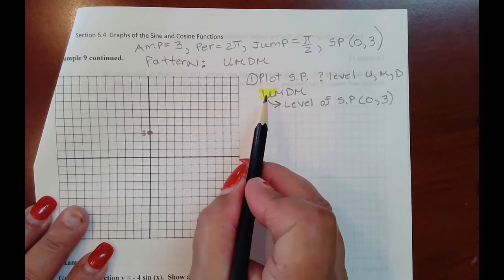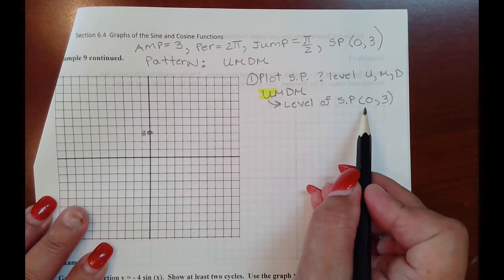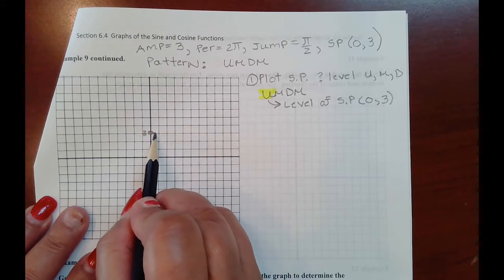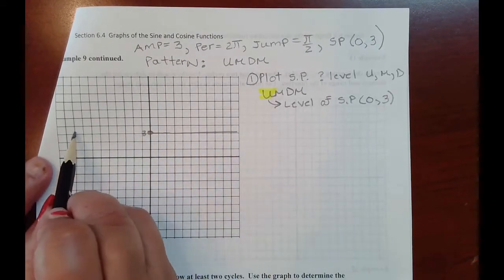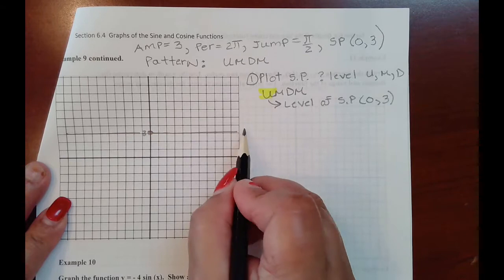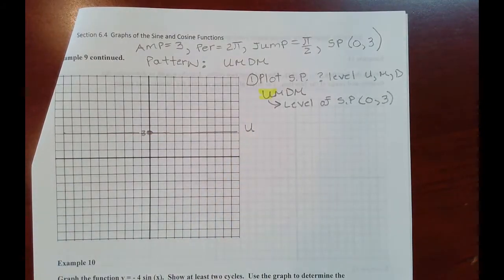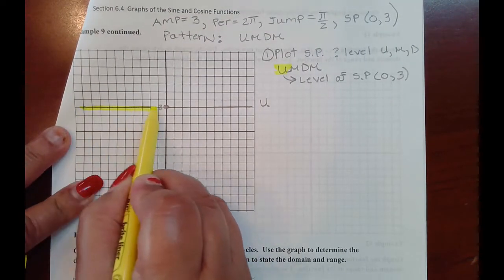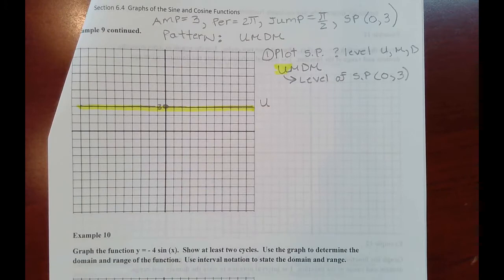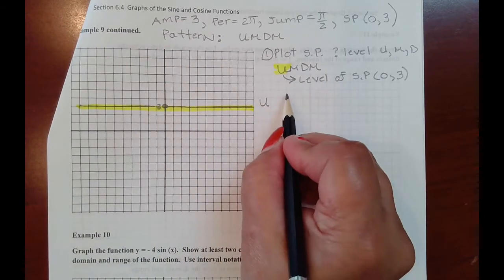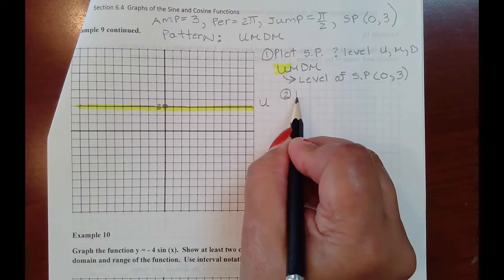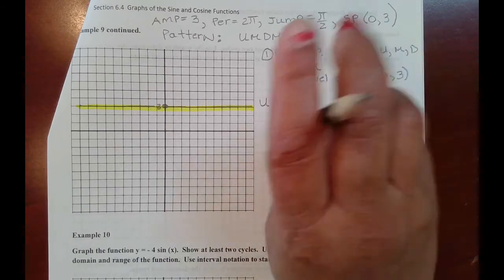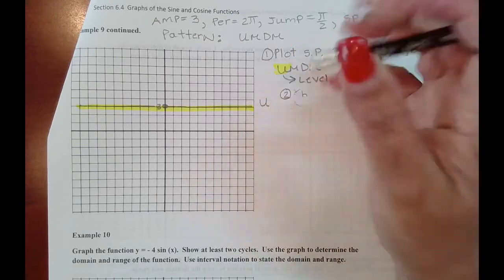And since that first letter tells us what level the start point is at, make a horizontal shelf right through that point and label it upper. It is the uppermost level on this graph. There will be no points higher than this upper level. Okay, with respect to the other levels, well, those are easy to put in place because the other levels are separated by the amp.